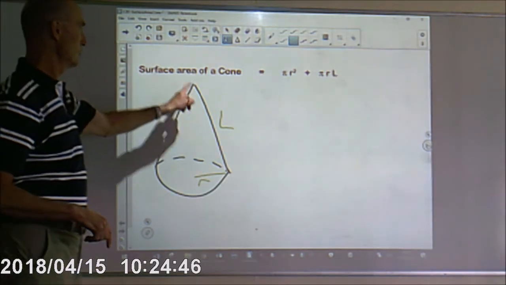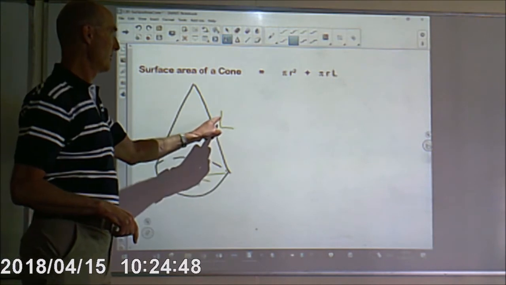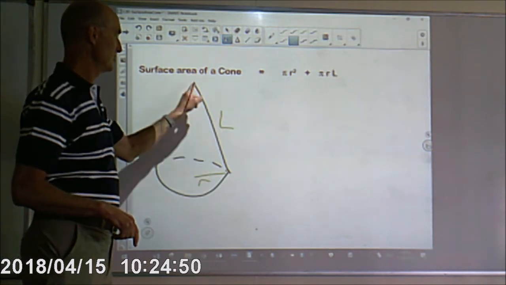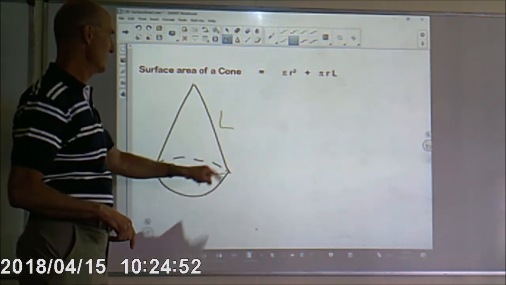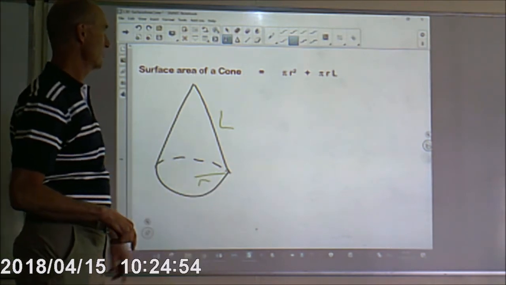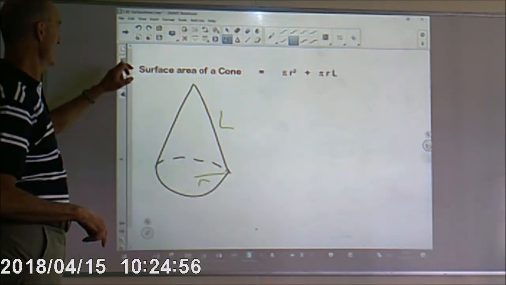So those are the two lengths that you need to know, the sloping length, and the radius of the circle at the bottom.